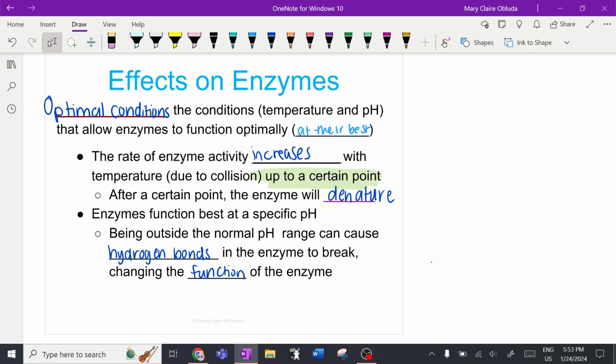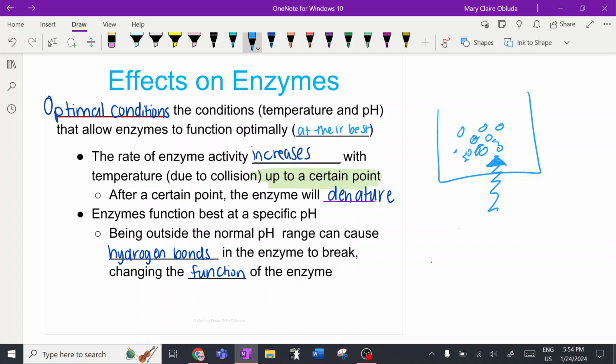So there are optimal conditions. Temperature and pH must be optimal, and the rate of enzyme activity increases with temperature up to a certain point. Remember how I was saying that when heat is put into the reaction, molecules start moving around faster and colliding, and that would make them react. It's the same thing with enzymes.